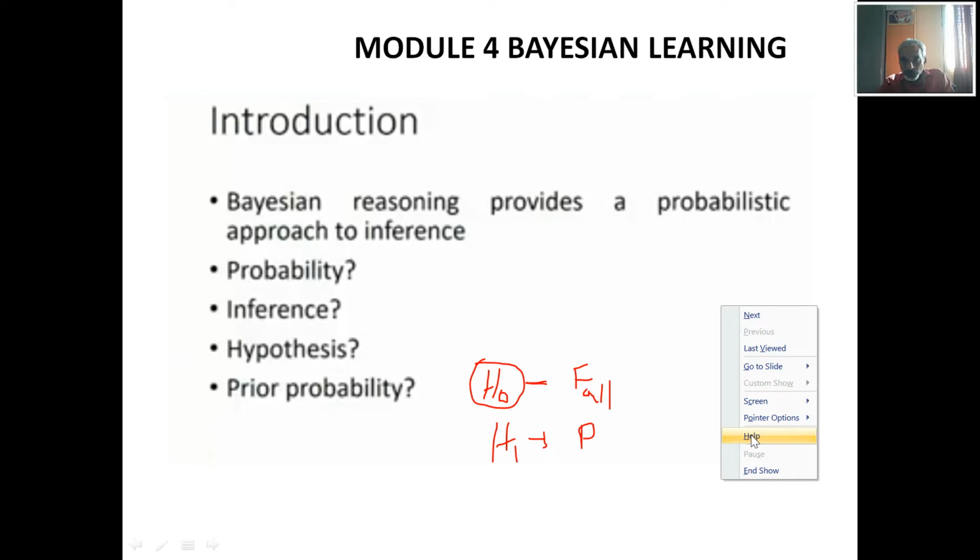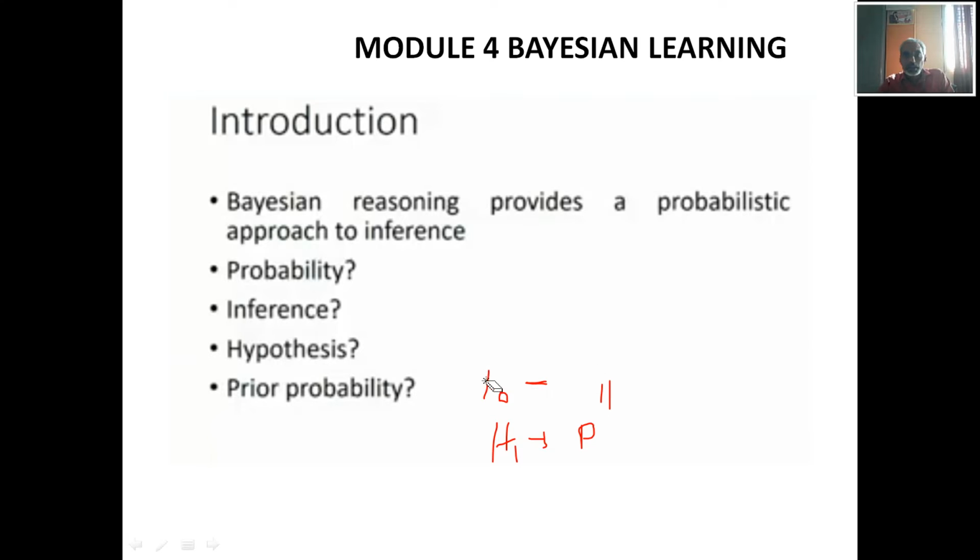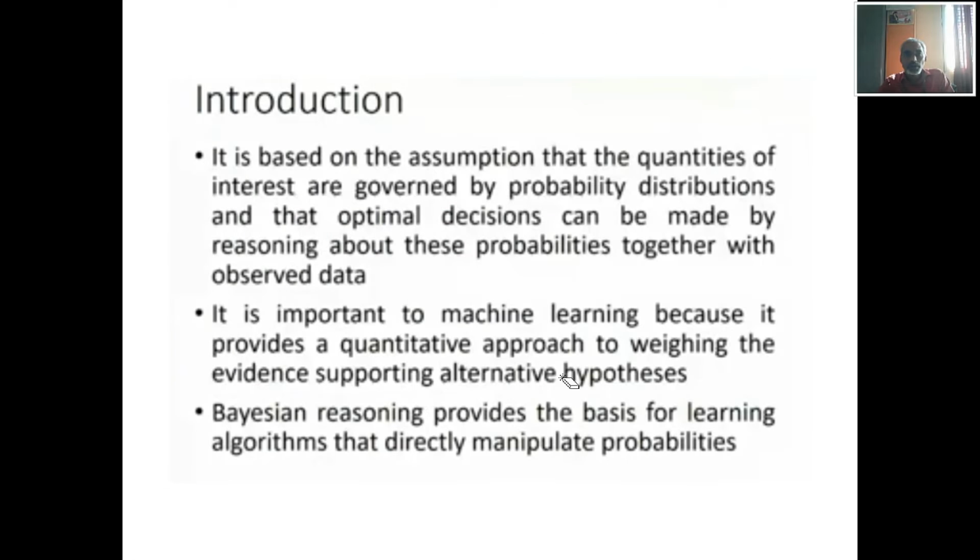Which is very helpful for us to understand what is called Bayesian learning or Bayesian reasoning. This is a very important concept which can be applied in our machine learning.